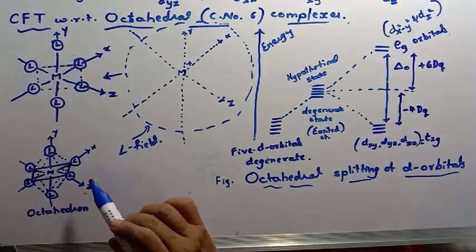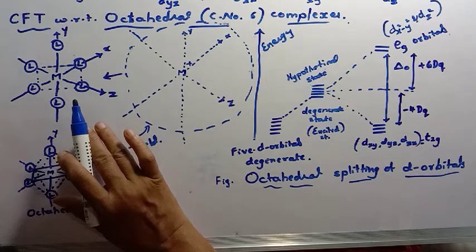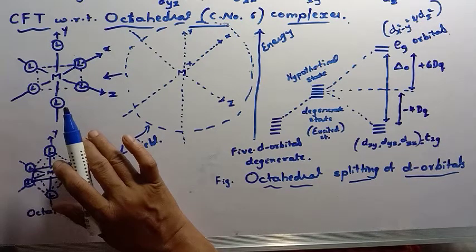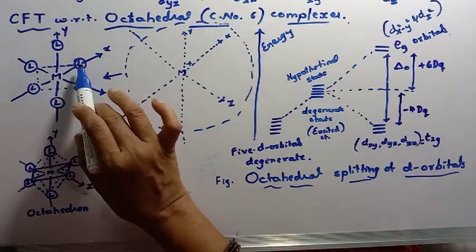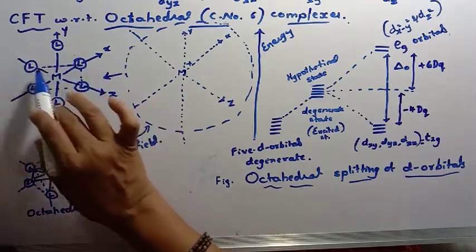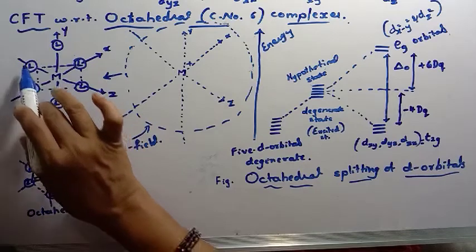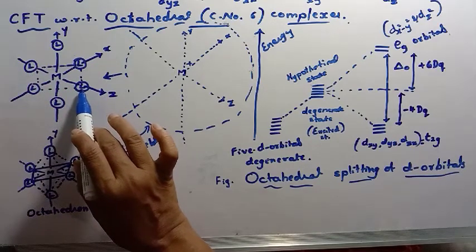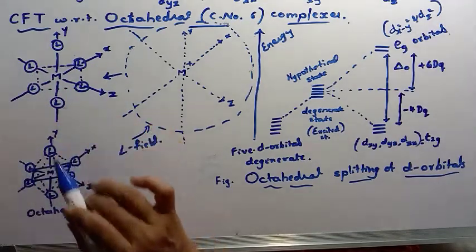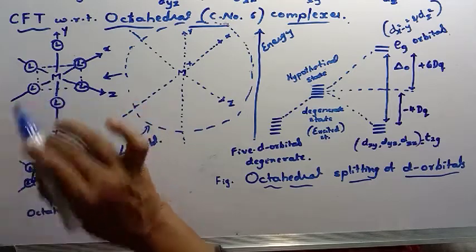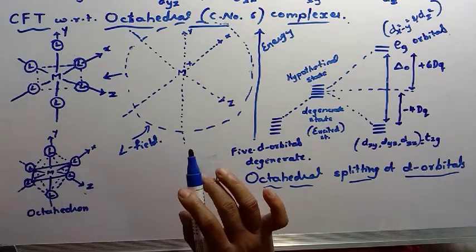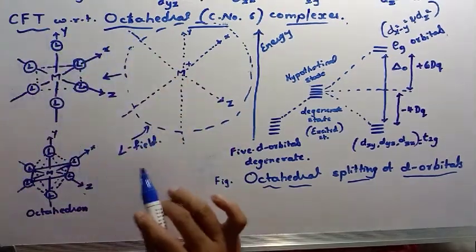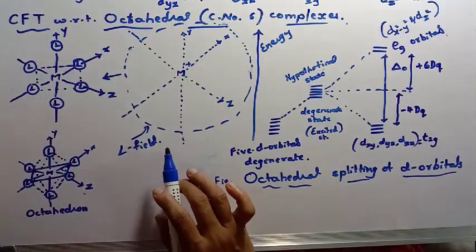In this complex, two of the ligands lie along the x-axis, two of them along the y-axis, and the other two along the z-axis. So that is the position of ligands with respect to the metal ion. Now we come to the discussion according to CFT.